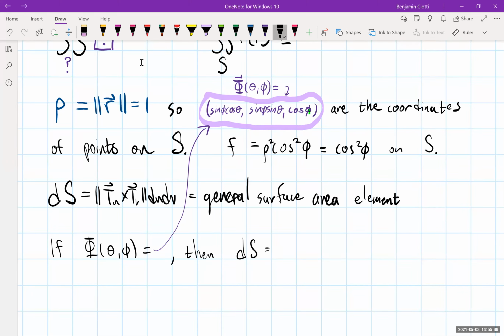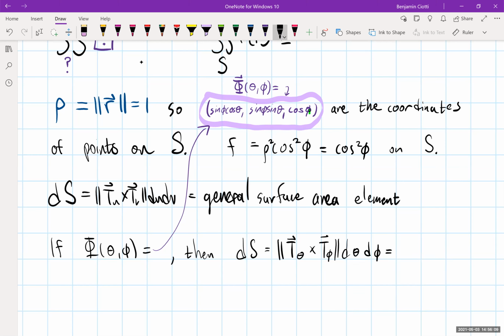It's the length of the normal vector times d theta d phi.